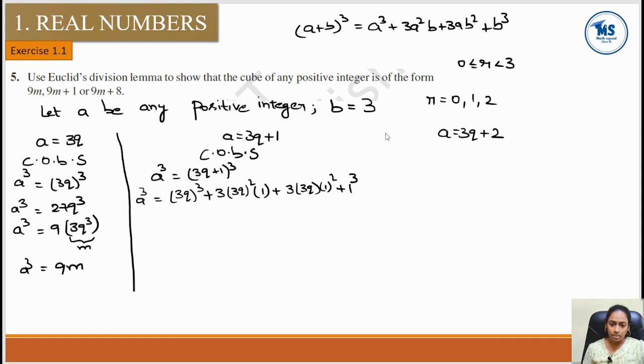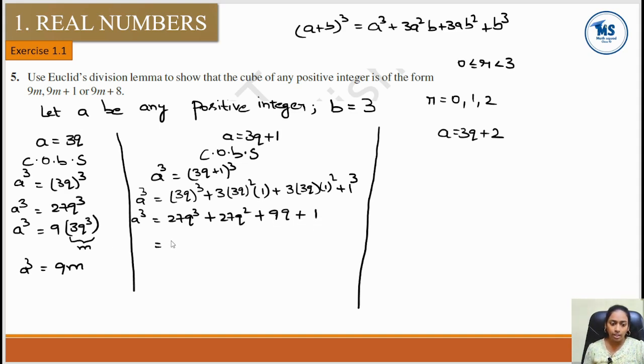Let's simplify this. Then a cube is equal to 27q cube plus 27q square plus 9q plus 1.